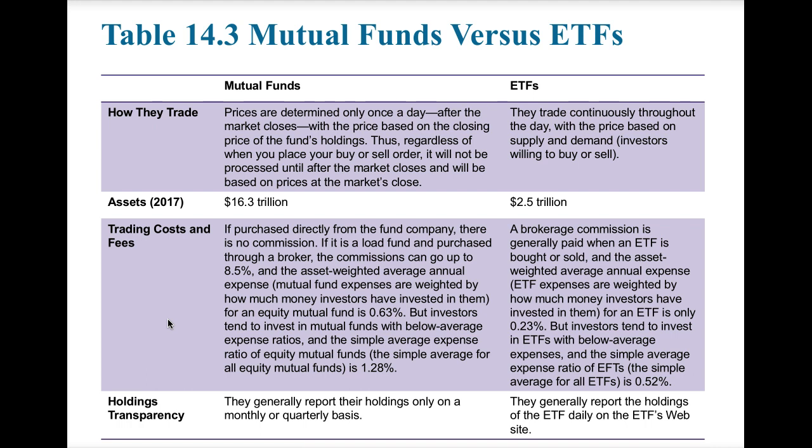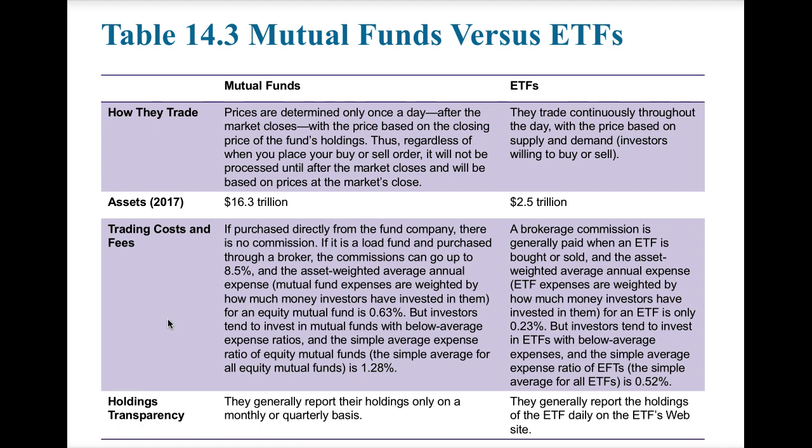Now, for mutual funds, the fee structure is a little more complicated. The commissions can be different types of loads, a front load, a back end load, and can be pretty high sometimes, going up to, here it says, 8.5%. There are also annual expenses with mutual funds to help pay for the management company.